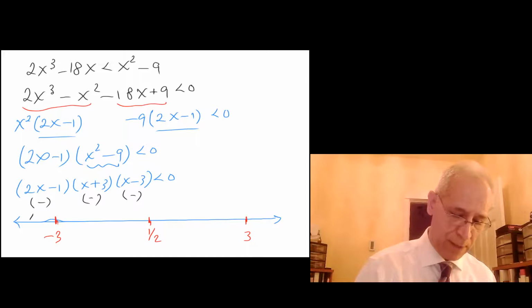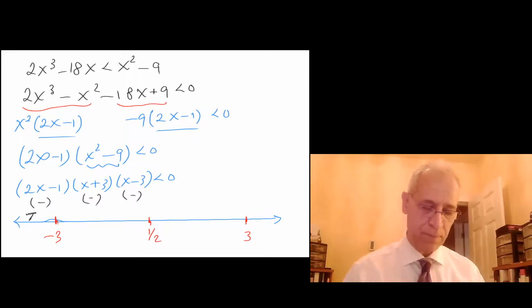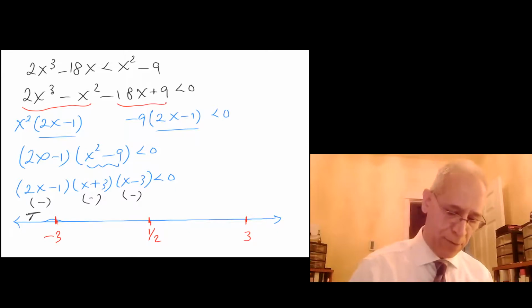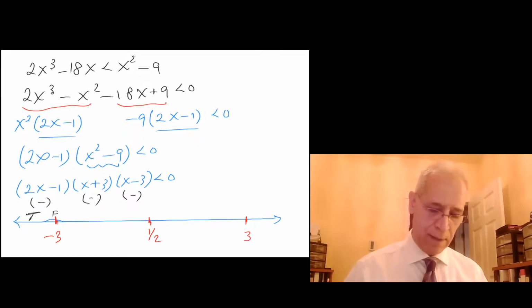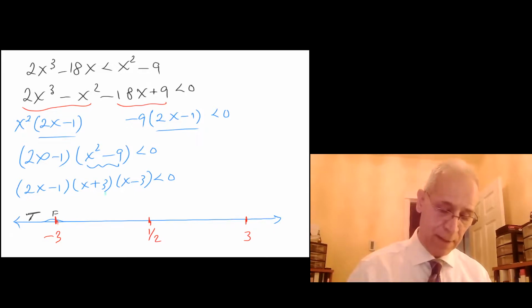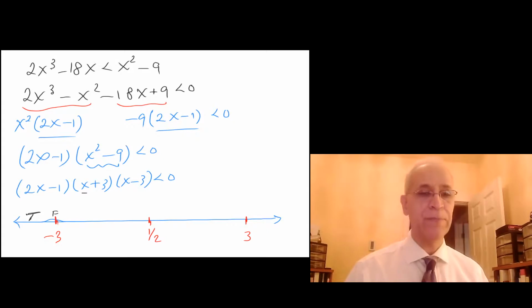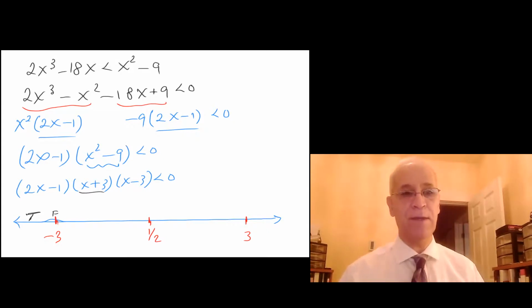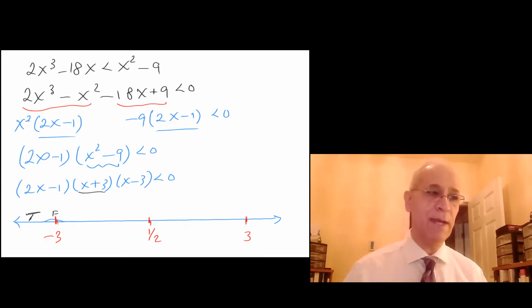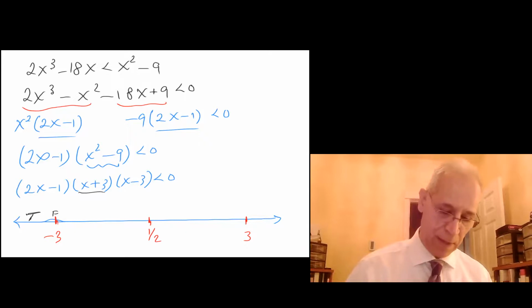So I'm going to put T for true. I know negative 3 right here is false, because this is a polynomial and I don't have an equal sign. You could also reason that when you put negative 3 in here, that gives you a 0. 0 times anything is 0, and 0 cannot be smaller than 0.